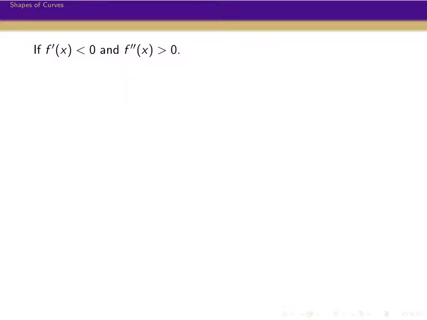What if the first derivative is negative, but the second derivative is positive? Well, now we're starting off with something whose slope is negative, but as time goes on, it gets less and less negative. So it flattens out, right? At the beginning, very steeply going down, and then as time goes on, flattens out.